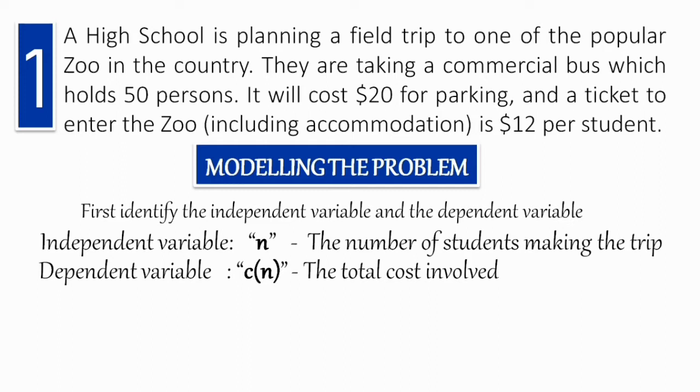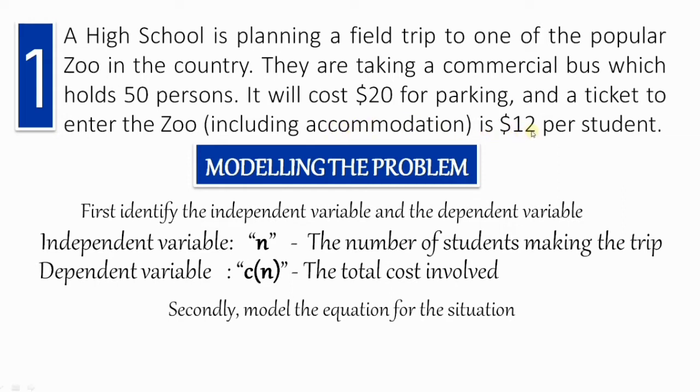After identifying the dependent and the independent variable, the next thing we want to do is to model the equation for the situation. Since we are to find the cost of the trip, the cost of the trip is the cost of the parking and the cost for the entrance to the zoo.